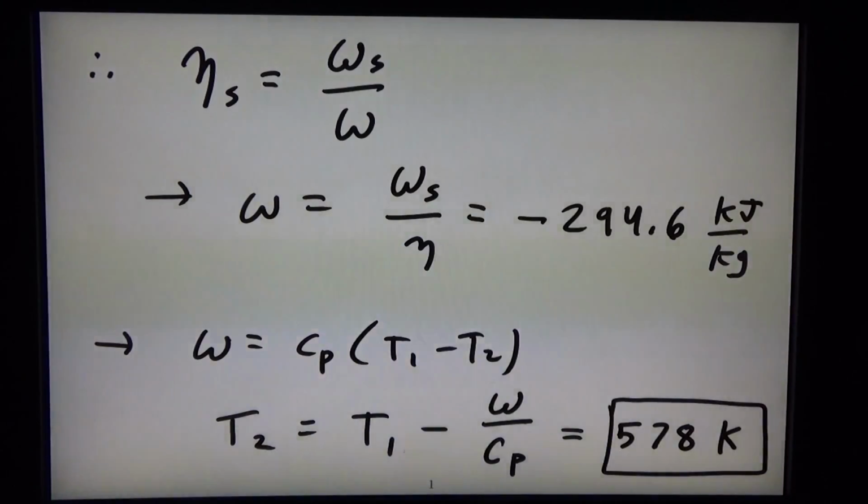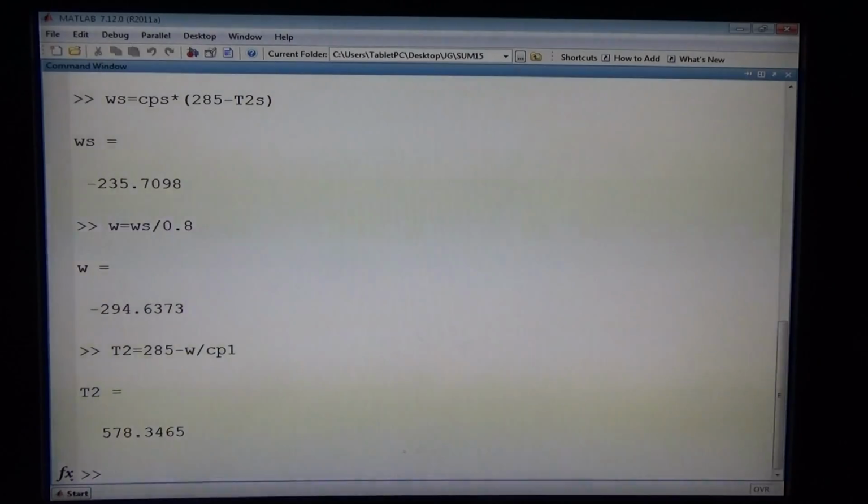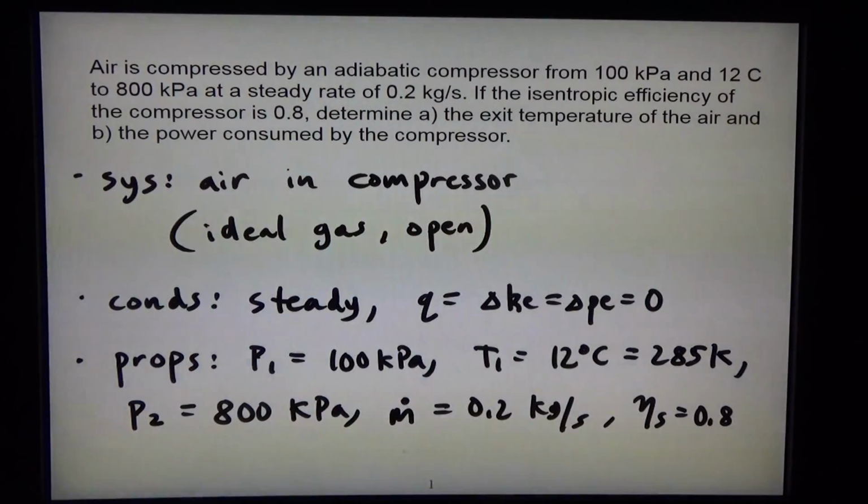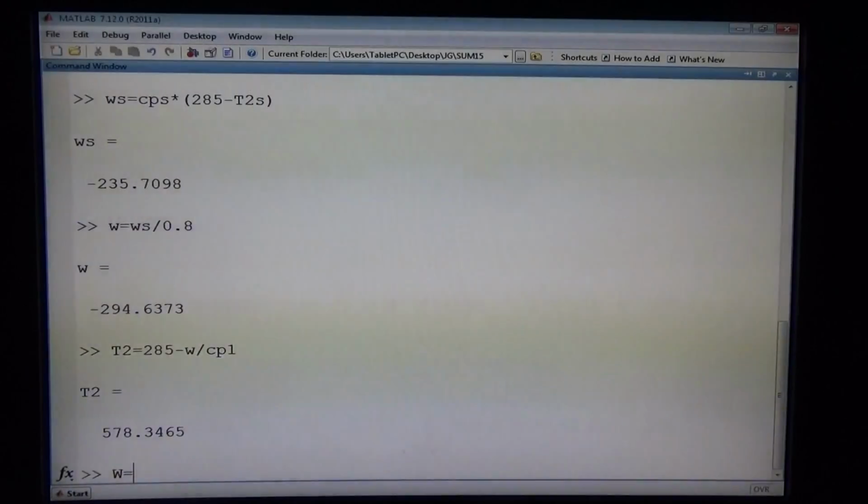The last thing we were asked to do was to calculate the power. For the power, we just multiply the actual work times the mass flow rate. So the power is equal to mass flow rate, forgot what that was, that number is 0.2, times the actual work input.